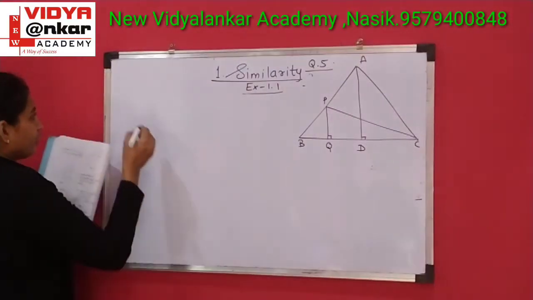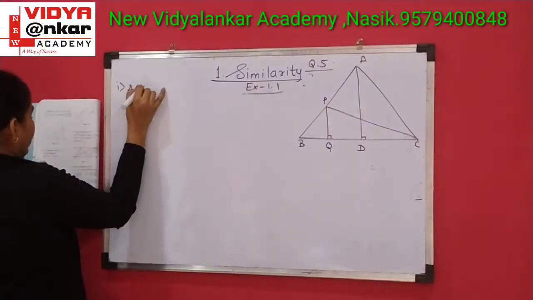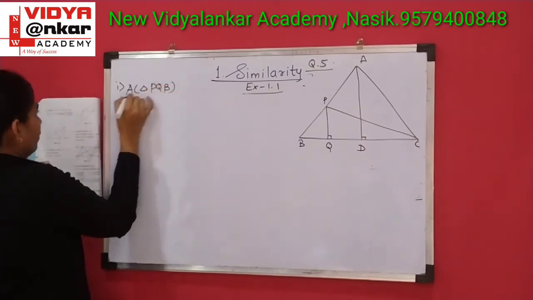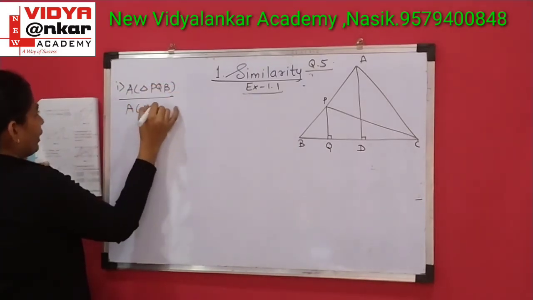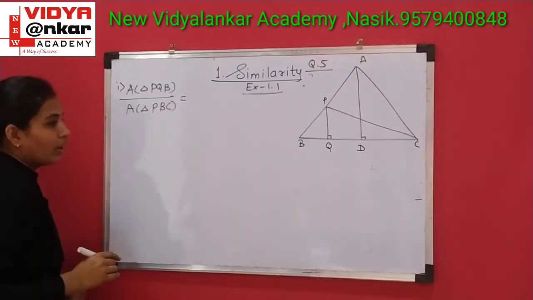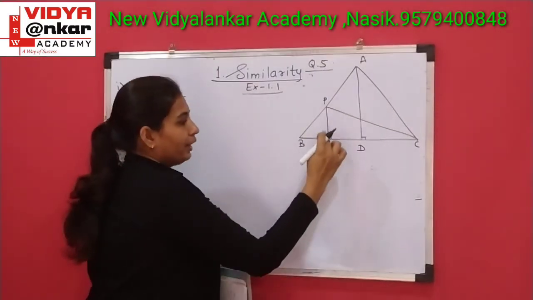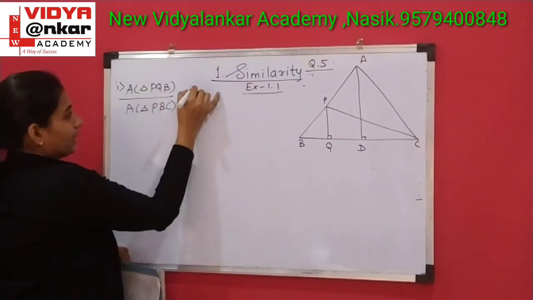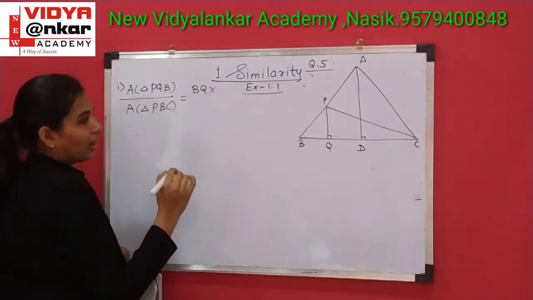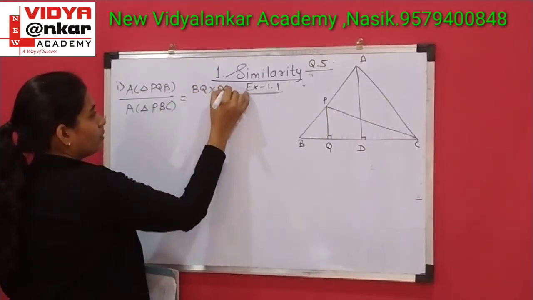Now the first ratio is area of triangle PQB upon area of triangle PBC. For triangle PQB, the base is BQ and the height is PQ.